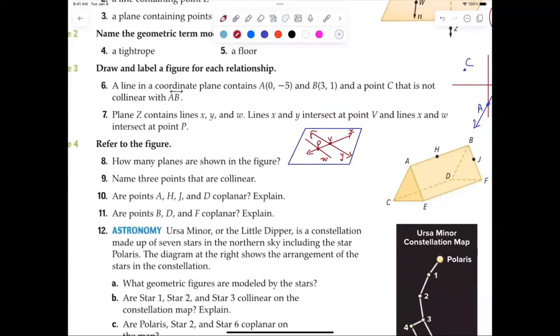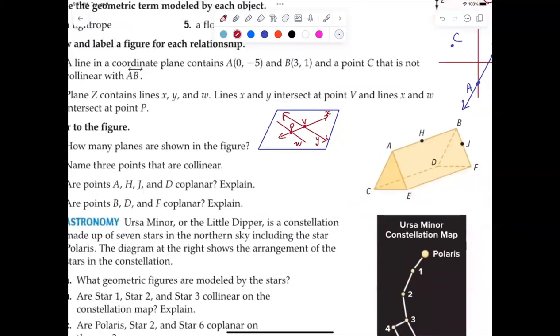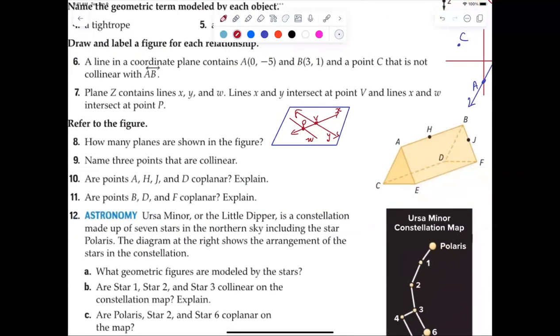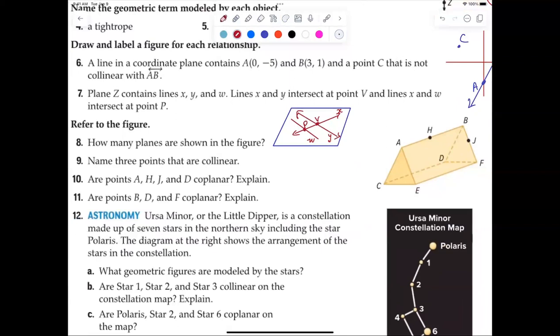All right, here we go. Refer to the figure over here. This is kind of tricky because for some kids it's hard to see. In that figure at the right, how many planes are there? 3, 4, 5, 6, all kinds of answers. Wait, there's a triangle, right?